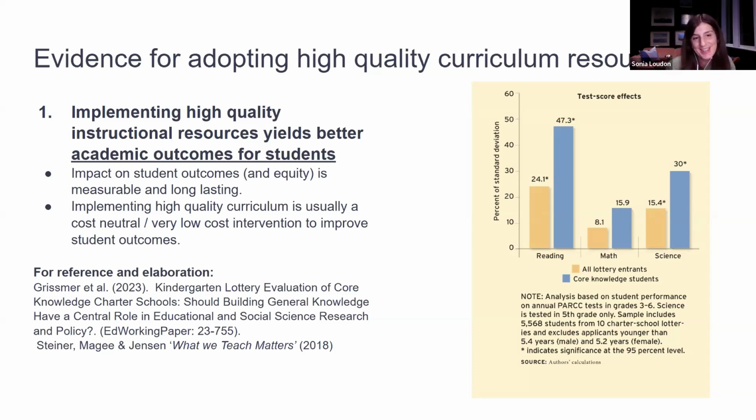I've also noted here that they're a really good intervention to use in a school because implementing high quality curriculum resources is usually pretty low cost or cost neutral because they cost as much as bad curriculum resources, right? So yeah, it does matter what you are teaching and what your instructional resources are.